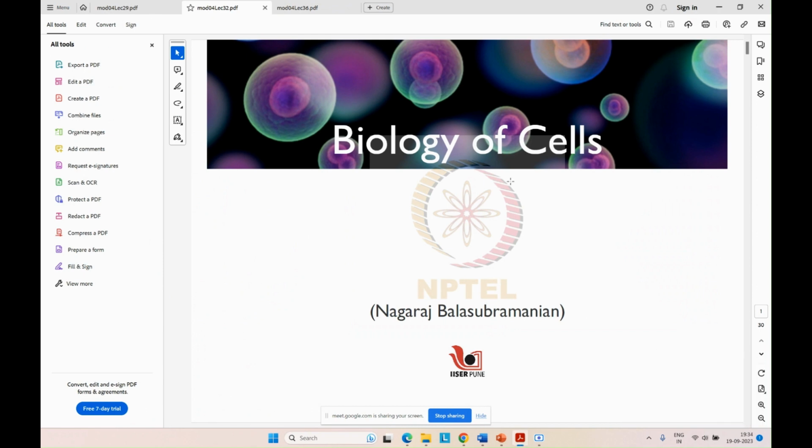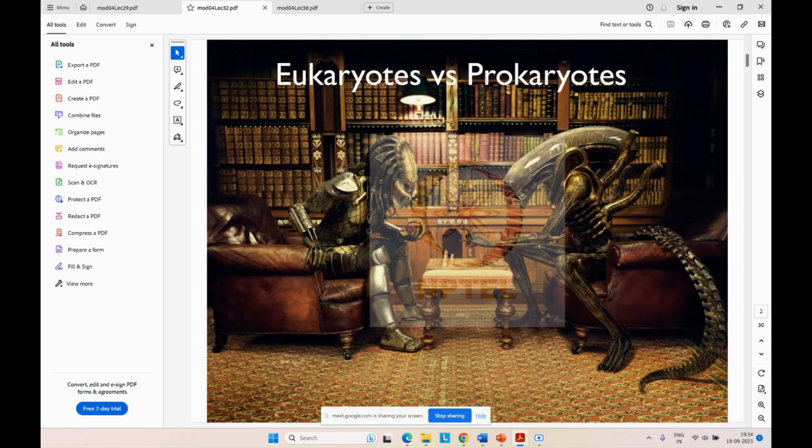Now coming to what your cell looks like and what's present inside the cell. There are two kinds of cells that are present, at least that has been discovered until now: prokaryotes and eukaryotes.